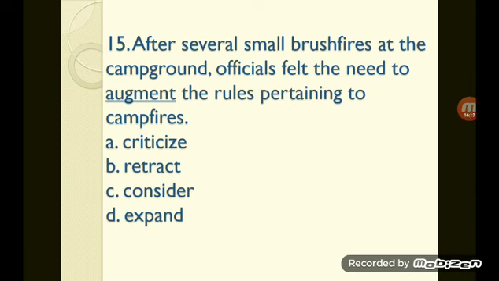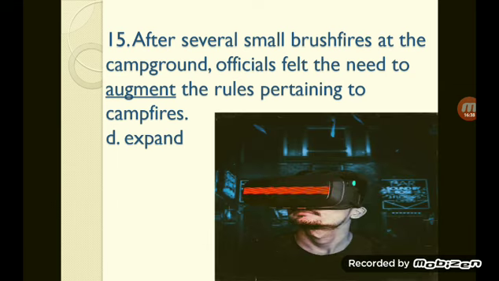Brush fires are the fires that burn the grass or the low bushes in open areas, plains. So they wanted to expand. Augment means to expand. You talk about augmented reality, right? So expand the rules.